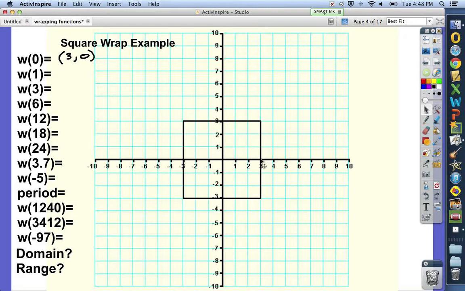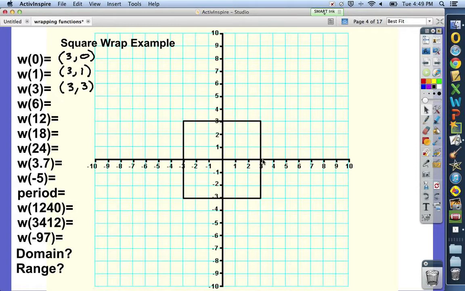Another way to think about this is you have a little bug standing on the object, and it's going to move 1 unit around the perimeter, bringing me to the point 3, 1. So a wrap of 1 brings me to 3, 1. Now I'm starting here on the right side of the object. I'm going to wrap a length of 3 because the next problem was wrap 3. Moving up, 1, 2, 3, brings me to that corner, the point 3, 3.